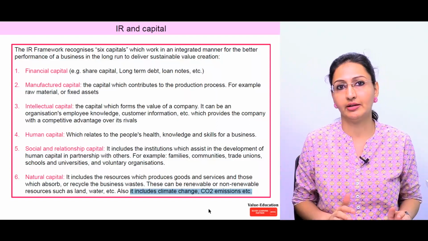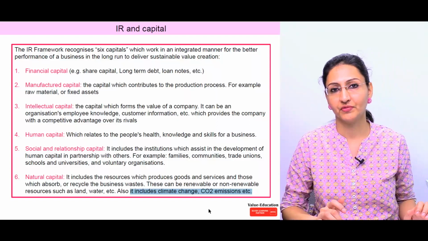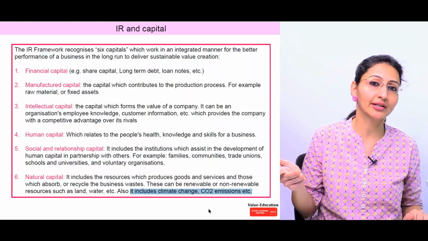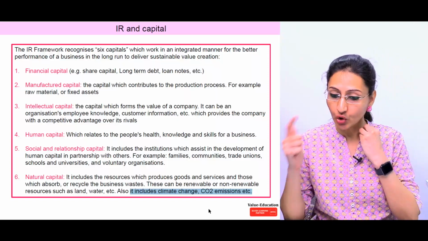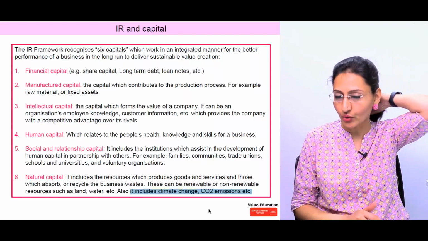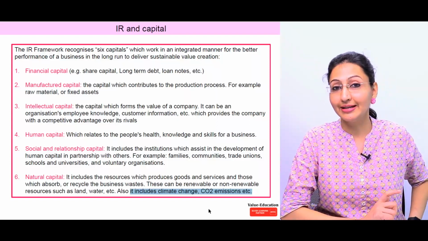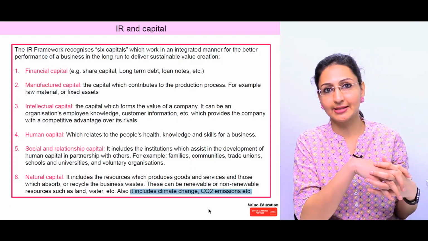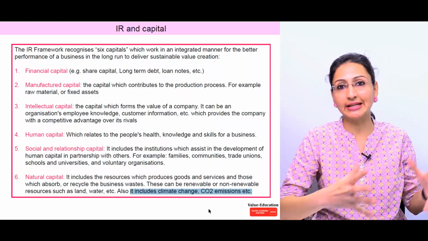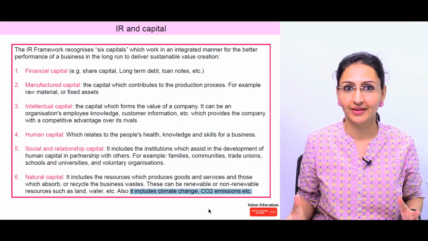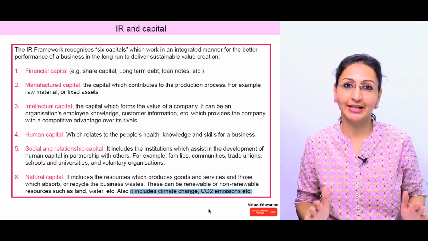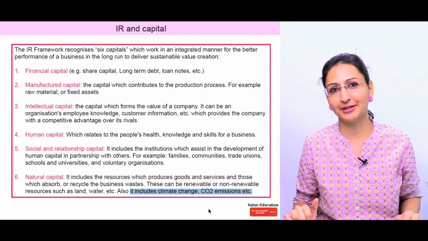That is all related to natural capital. Here you are destroying the natural capital. When you are using non-renewable resources, again you are destroying the natural capital. But if you substitute electricity with solar panels, you use solar energy for production, that's making good use of the natural resources, your natural capital.